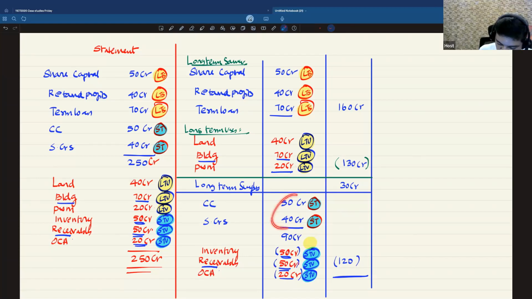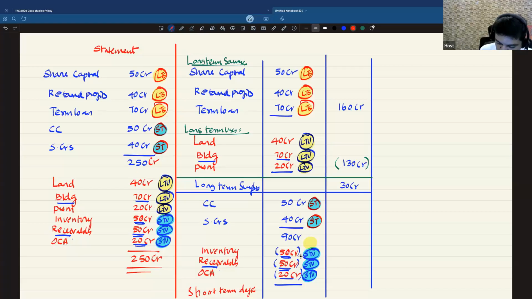See, they have 90 crore. Using this 90 crore, whether spending of 120 crore is possible, it is not possible. So you have to recognize that from 90, 50 is paid off, another 50 is paid off, another 20 is paid off. It is not possible. So you will conclude that 90 minus 120, there is a deficit, and we call it a short-term deficit.